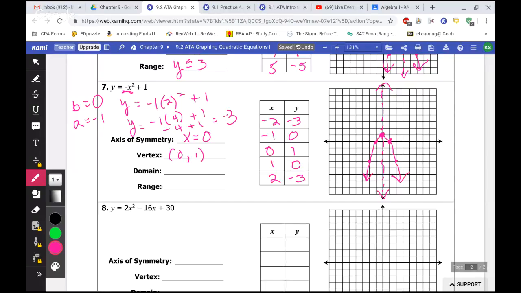All right, what's the domain? Bless you. Oh, thank you. What's my domain? All real numbers. What's my range?